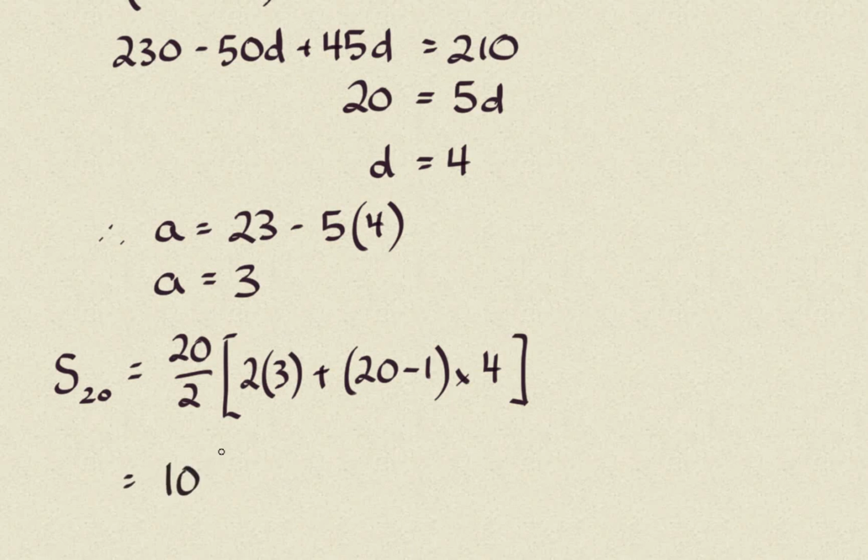So let's simplify 10 out the front, we have 6 plus 19 times 4. 19 times 4 is 76, and so 76 plus 6 gives us 82, and when we times that by 10 we get 820. So the sum of the first 20 terms is 820. And that finishes off our third and final example. Great job.